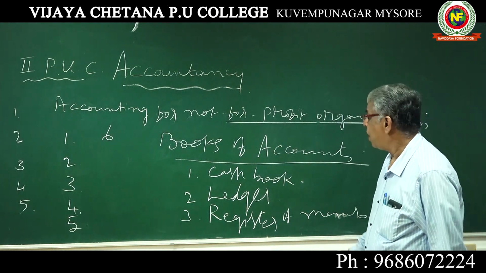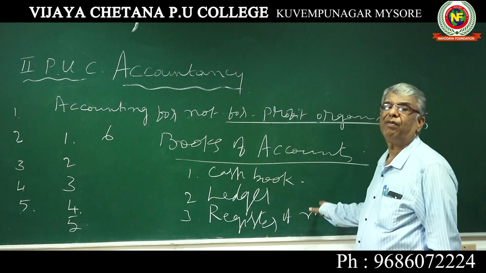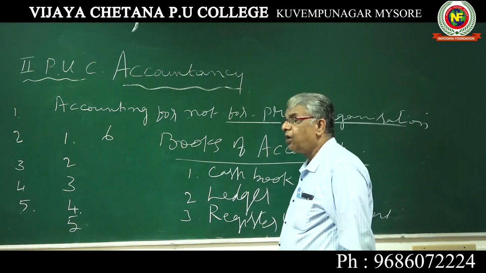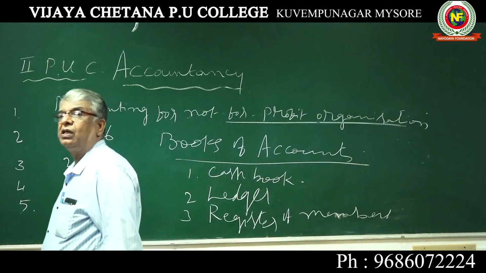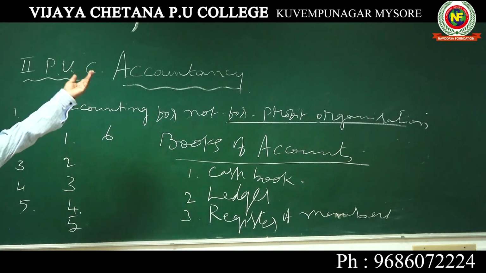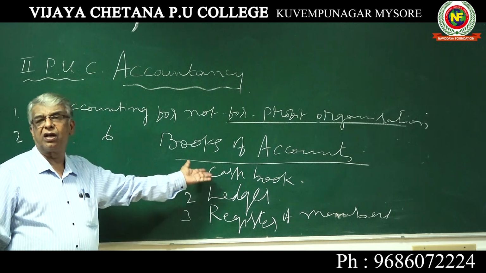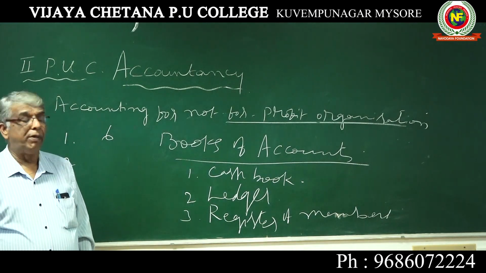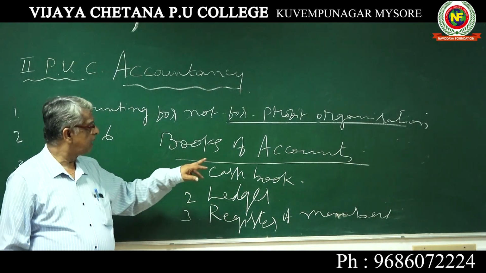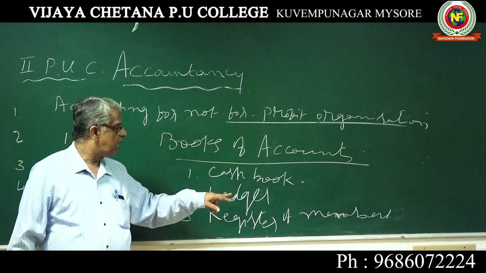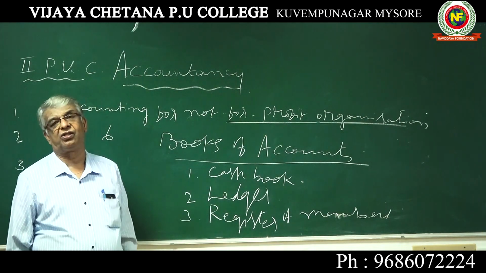So these are the three important books. In some organizations, they also maintain the journal. But here I hope that maintaining a journal is not necessary. But mainly they are supposed to maintain the cash book, ledger and register of members.